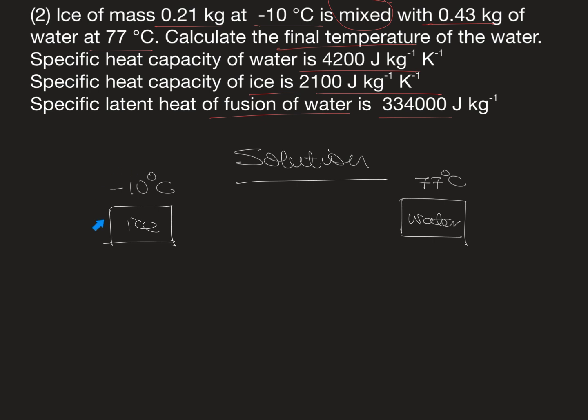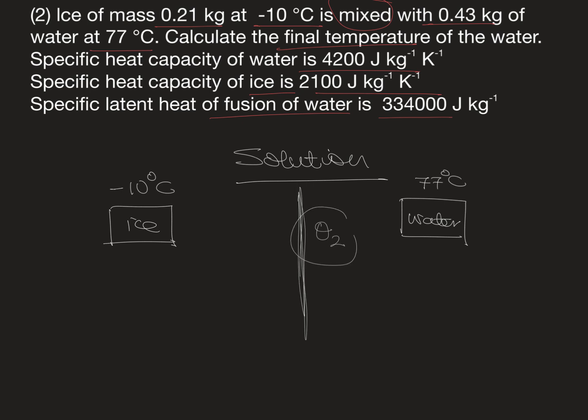So this ice that is at minus 10 degrees Celsius is going to increase its temperature to become water at a steady temperature. So we can call that temperature that is attained, that equilibrium temperature, as theta 2.